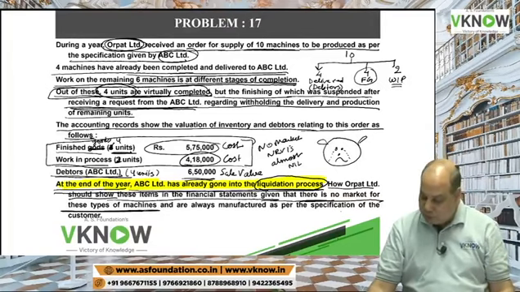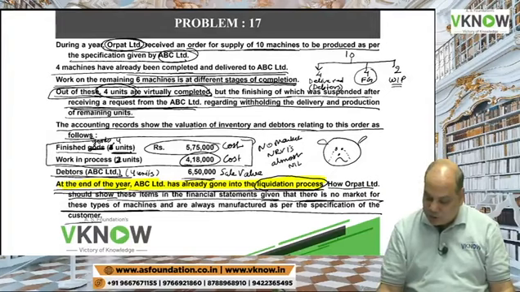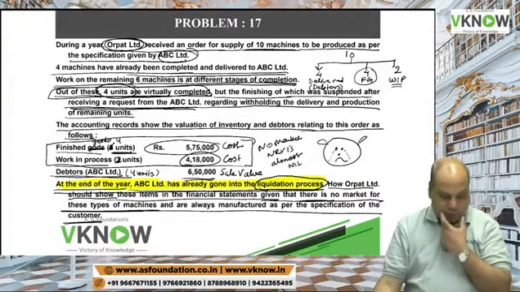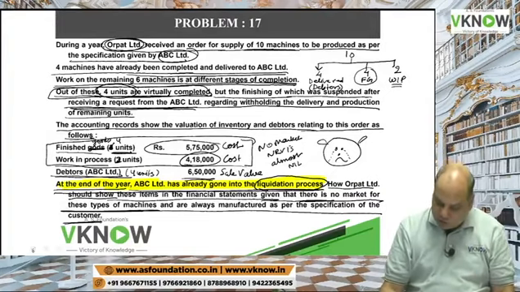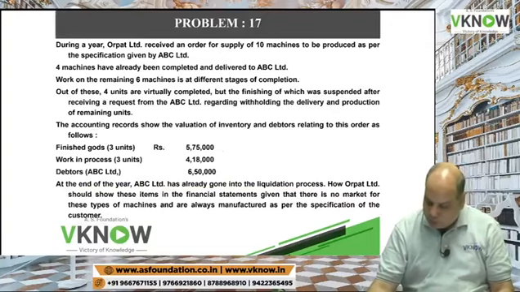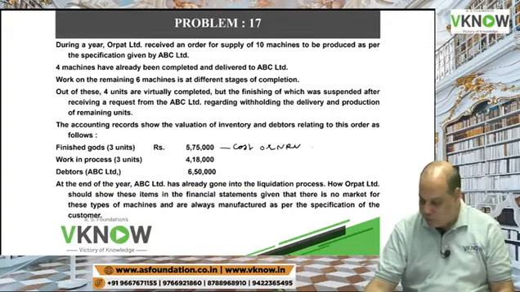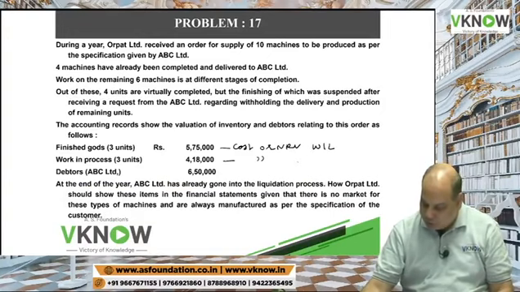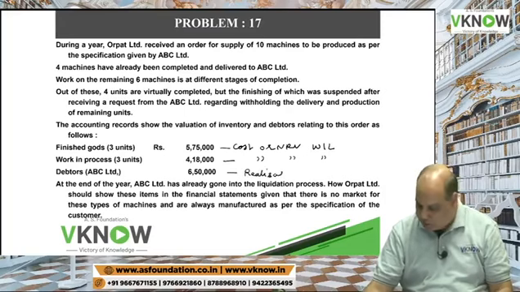Okay. Now the machines are always manufactured as per the specification of the customer. So what is the answer to this question? Finished goods, cost or NRV, whichever is lower. WIP, cost or NRV, whichever is lower. And debtor will be at realizable amount.